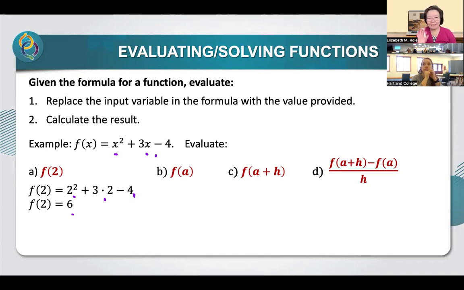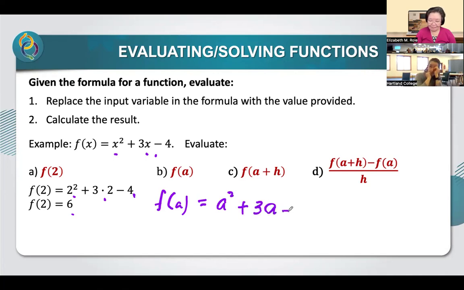So for letter B, just tell me the answer for your f of a. What will be your f of a? It is a squared plus 3a minus 4. That's f of a.